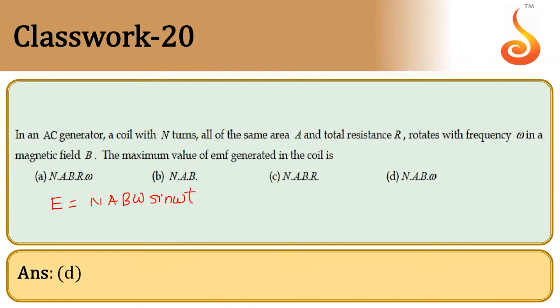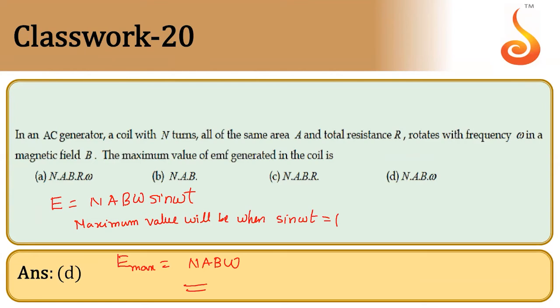The maximum value will be when sin omega t equals 1. So E max is equal to NAB omega. Then next.